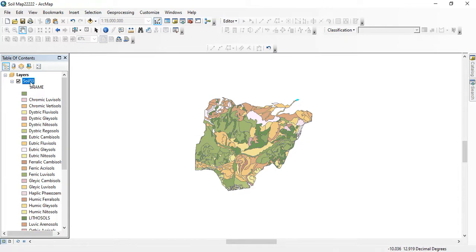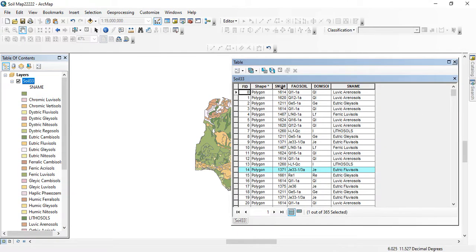If you open the attribute data of the map produced, we have our dump soil, which is the code of the soil. This is the soil name, though there are other fields which I have deleted from the attribute data. There are fields that are not required, so I have to remove them.